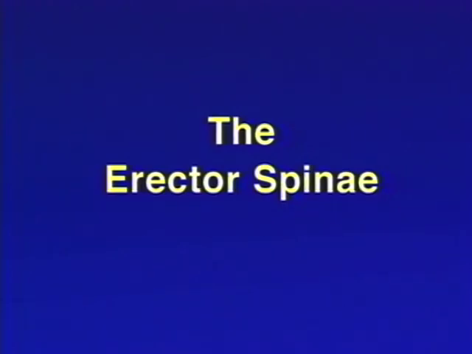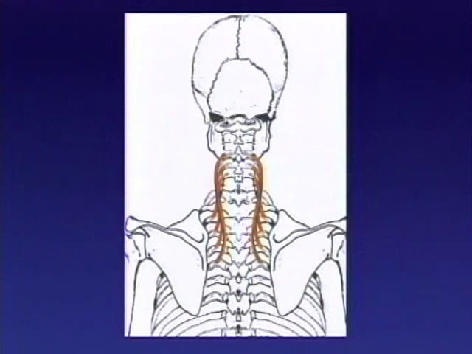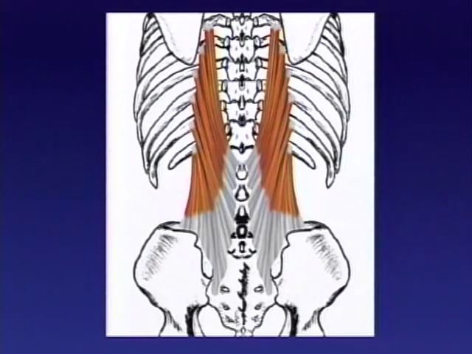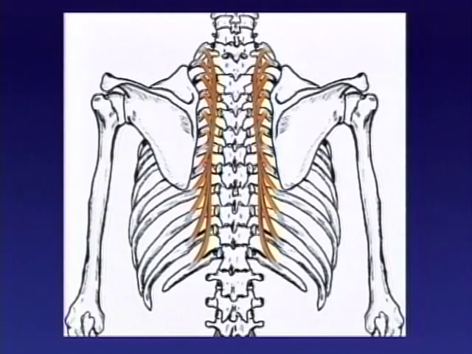Finally, let's finish up the trunk and move to the posterior portion. I'm going to speak about the Erector Spinae muscle group as a whole, but please understand there are several layers and several muscles that make up the Erector Spinae.